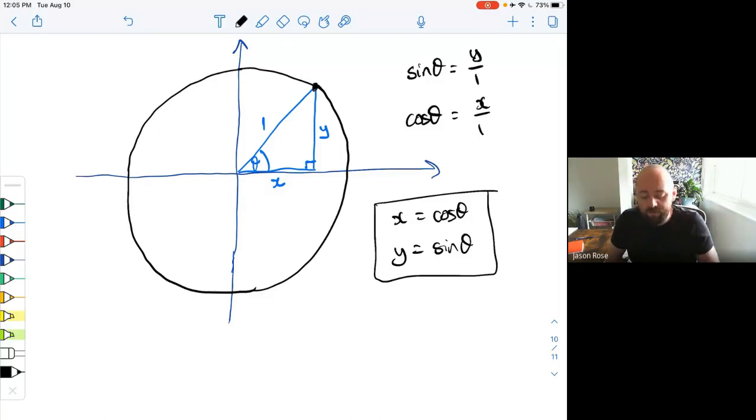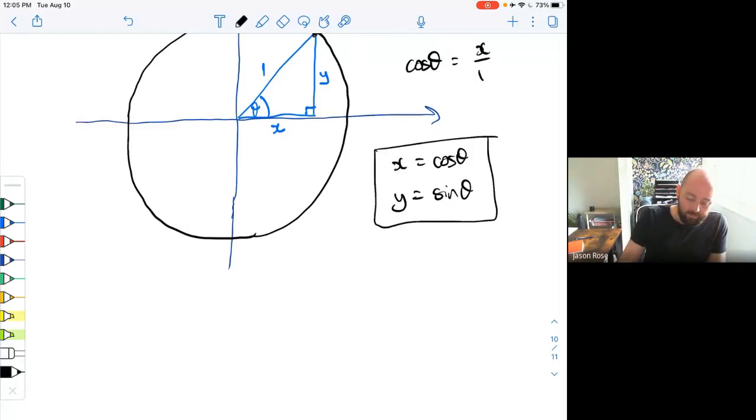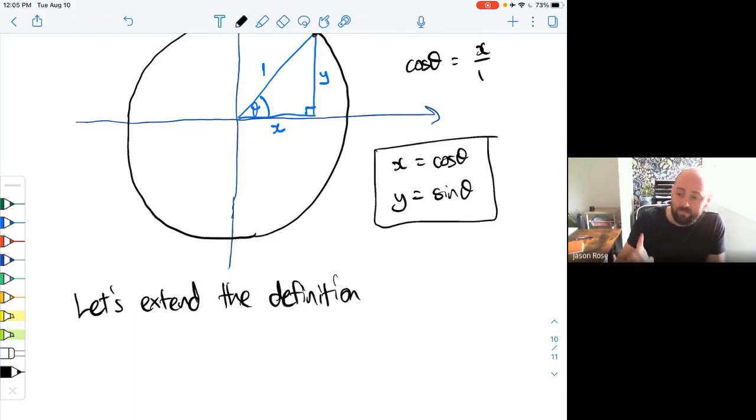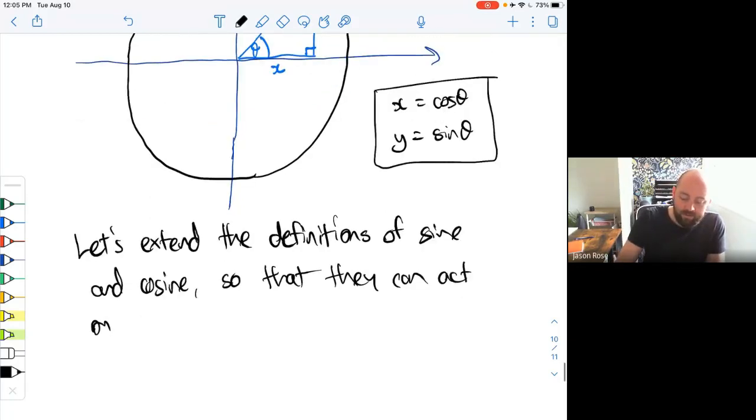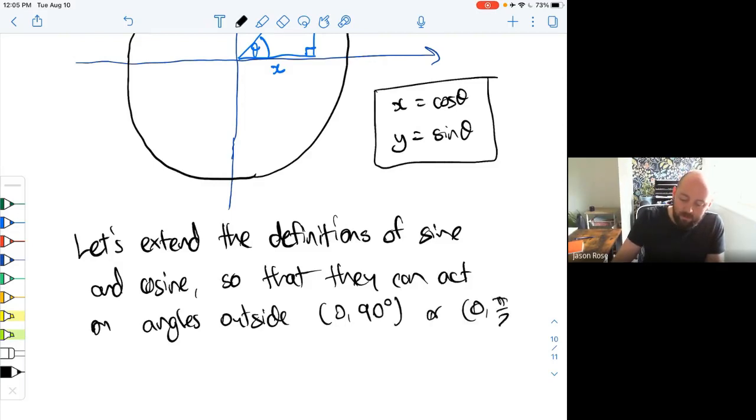But what I'm going to do is now extend the definitions of sine and cosine, and tan will come soon, so tan is still there, but I'm just not talking about it just yet, so that they can act on angles outside the range 0 to 90 degrees or 0 to pi over 2 radians.